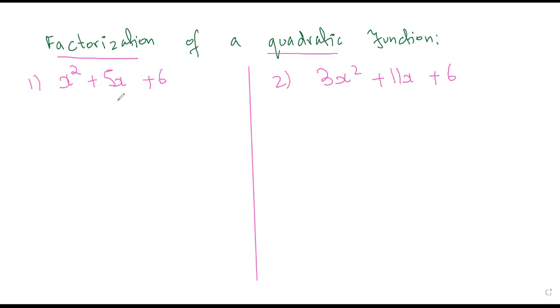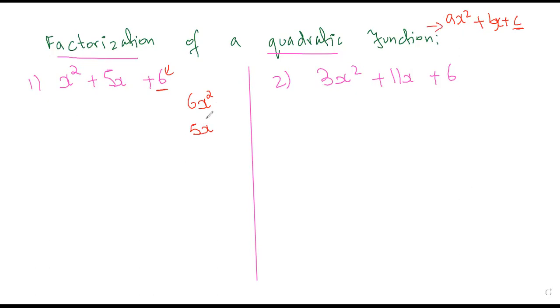Now, for factorizing a quadratic function, look at this c. This was the general form. So this is c, right? Look at this c. We need two numbers such that when we multiply them, we get 6x squared, and when we add them, we get 5x. Okay, this is how we factorize a quadratic function of this type, with three terms of this form.